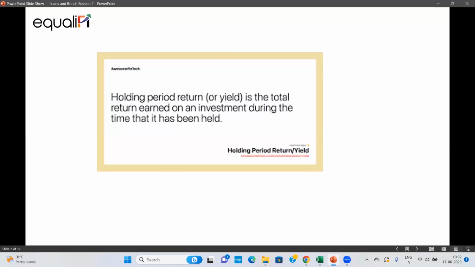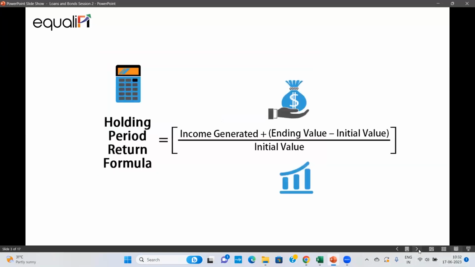Now there is a formula for holding period return, which I'm going to share, and then we will solve a practical problem also. So this is the formula of holding period return. So what is the income generated plus end value minus initial value? So end value, at the end, whatever value I'm getting minus my initial value divided by initial value, that gives me the entire holding period return formula.